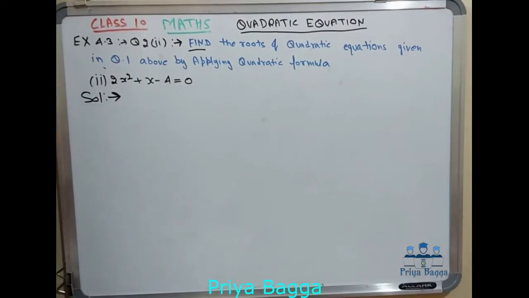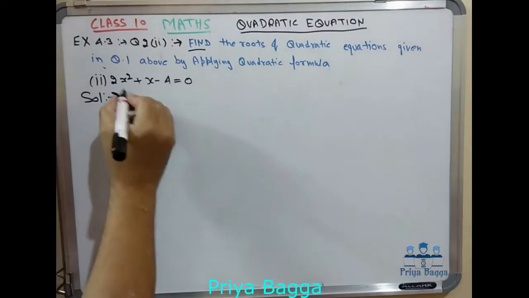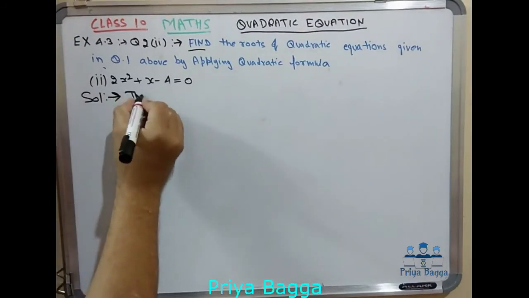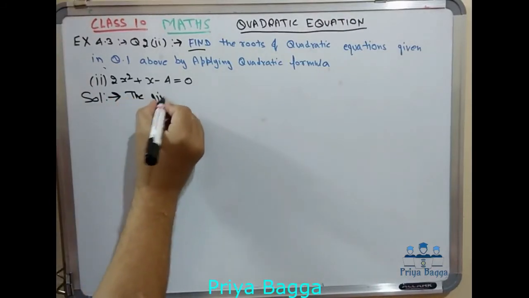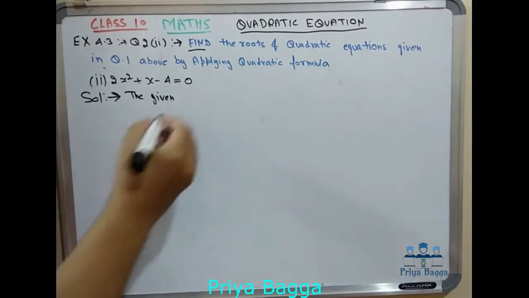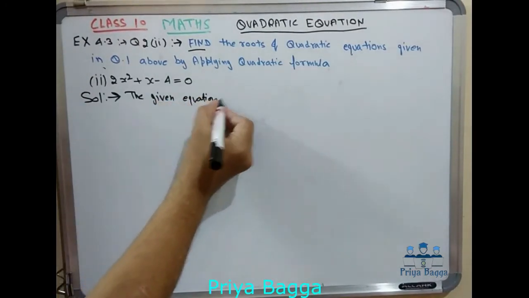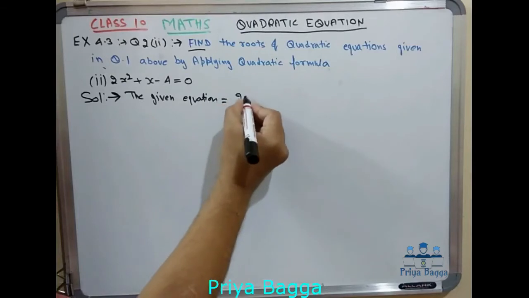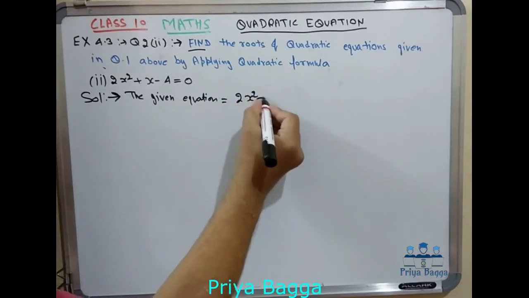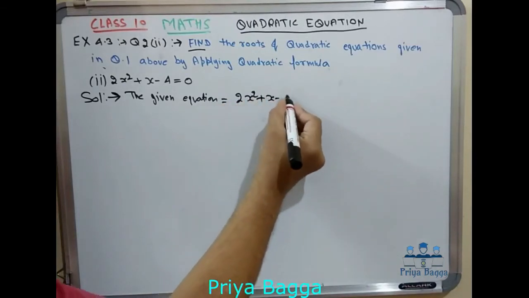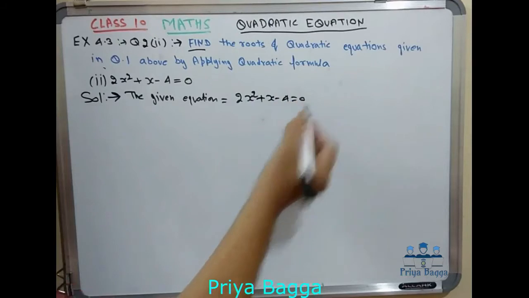As you know, in this kind of question we will solve these equations by using the quadratic formula. First of all, the given equation is 2x square plus x minus 4 is equal to 0.